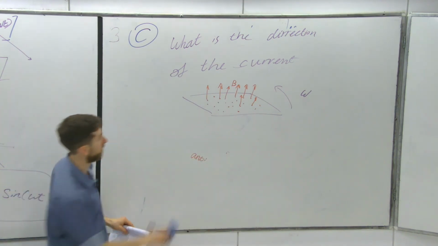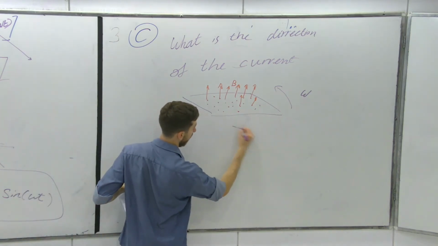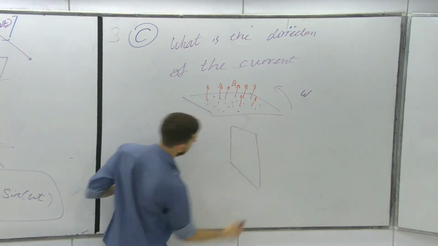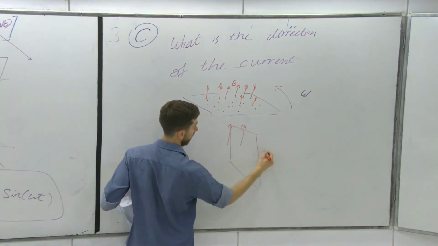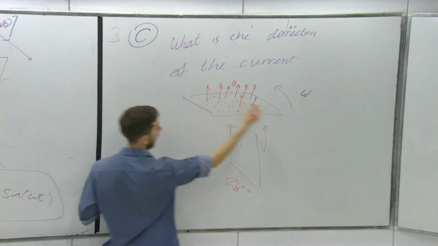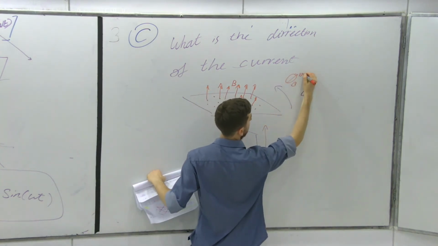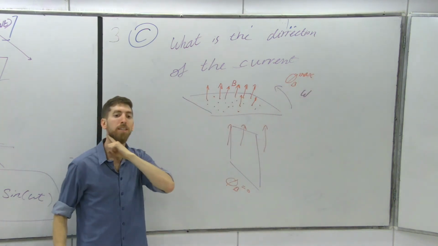No worries about that. It's gonna end up, for example, in this direction, and here what's gonna be the flux? 0. Here the flux is 0, and here the flux is max, right? So this flux is actually what is dying out.